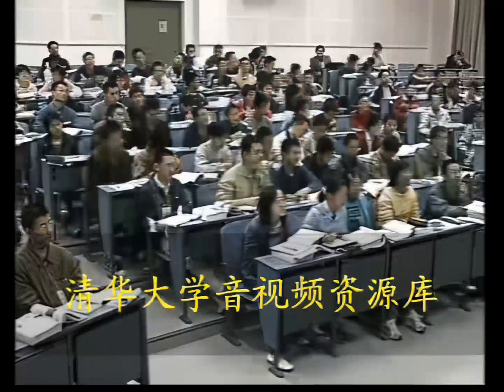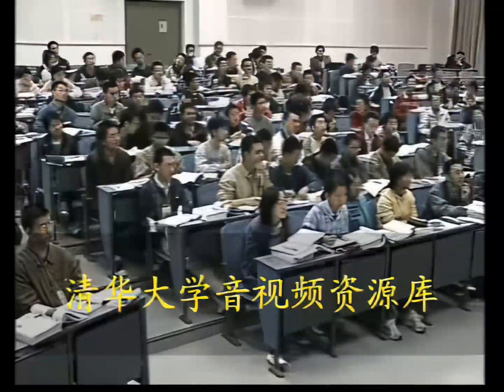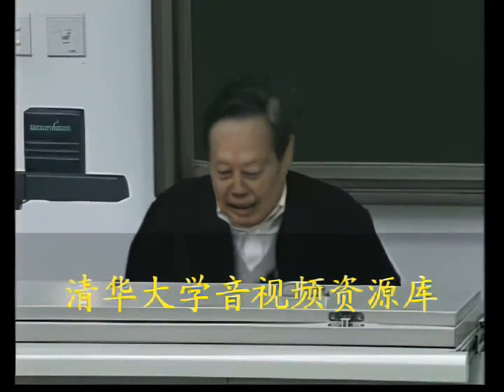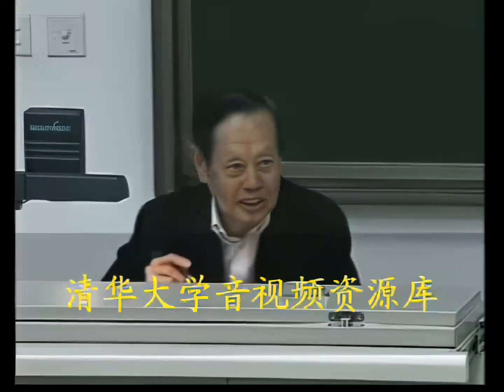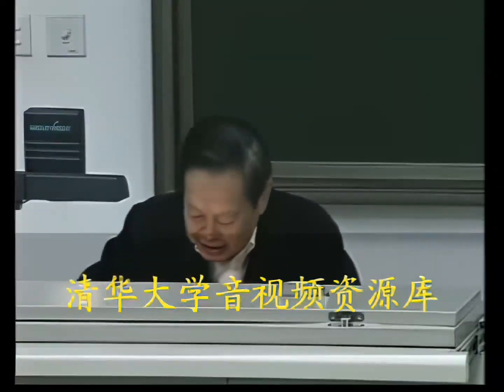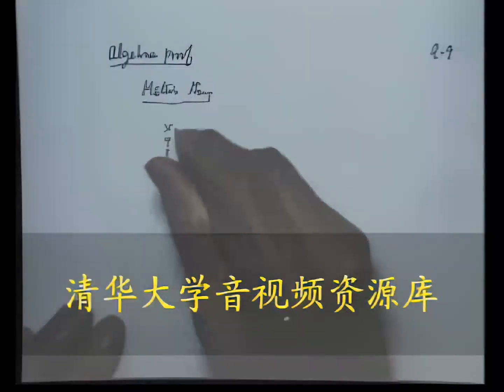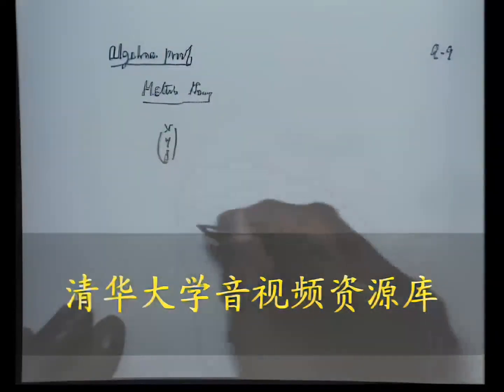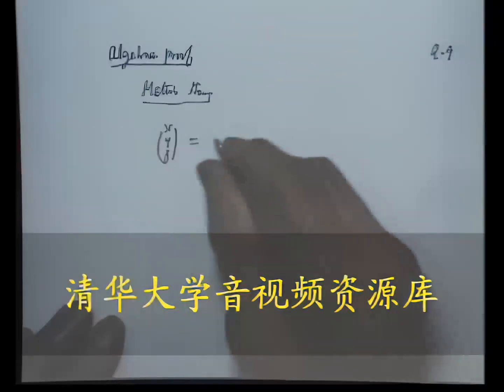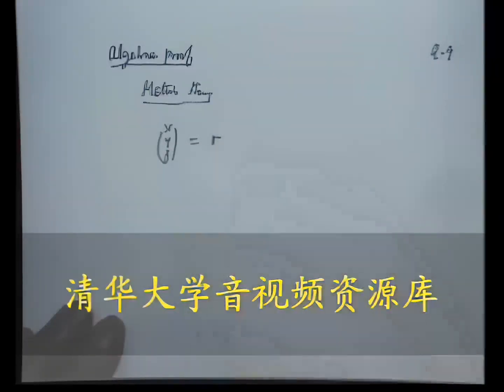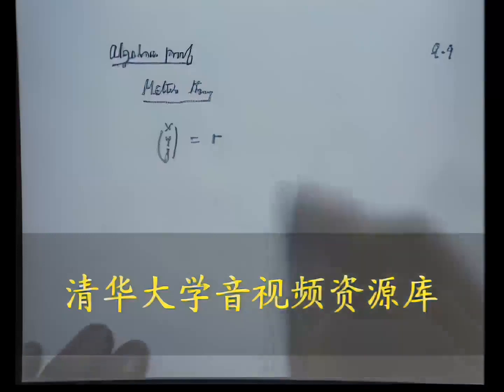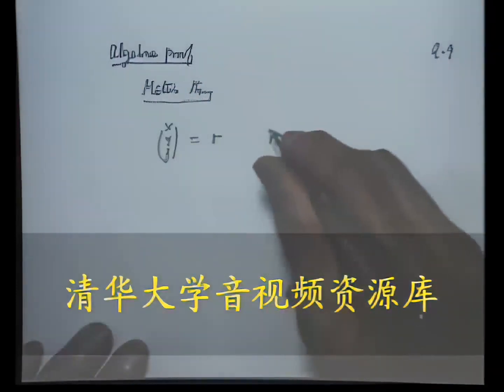Okay, let's go through that once more. I can write the coordinates x, y, z as a column, and let's call it R. In other words, instead of the vector R, I now form it into a matrix. And I have R tilde.